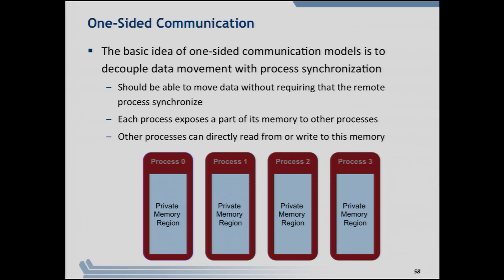A minus is that you have to know all those things. You have to know where the data is going to go or from where you're going to get it. But if you do that, the system can implement that data motion much more easily than it can with message passing, because all it needs to do is pick up the data and move it. It doesn't need to match tags, match communicators, and so forth.